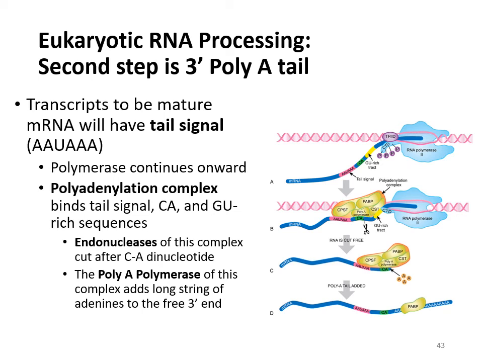You don't have to know the details of how this is formed. Just know that eukaryotes have to add a poly A tail, and it's to protect the coding part of the RNA from getting chopped up.